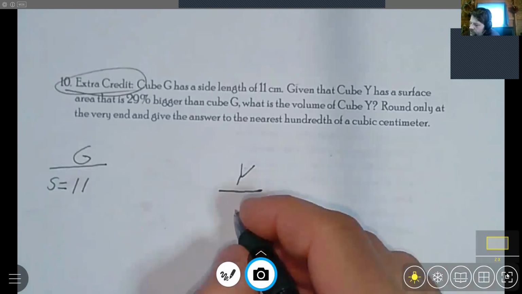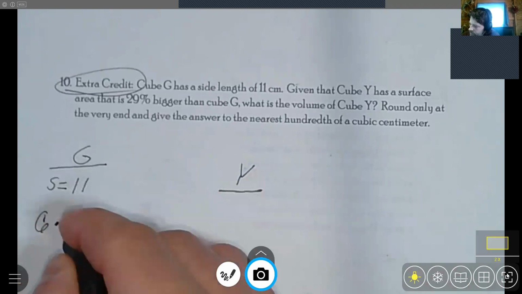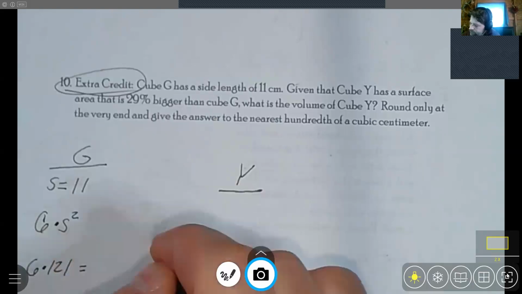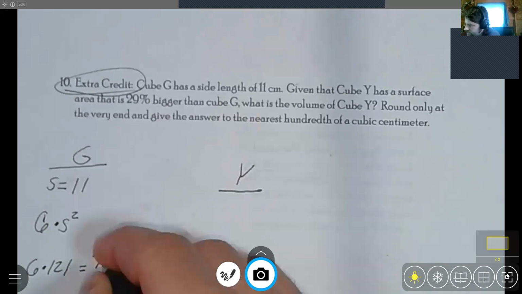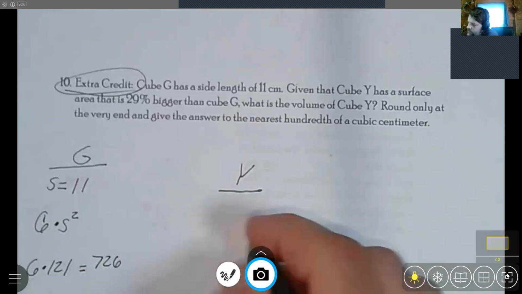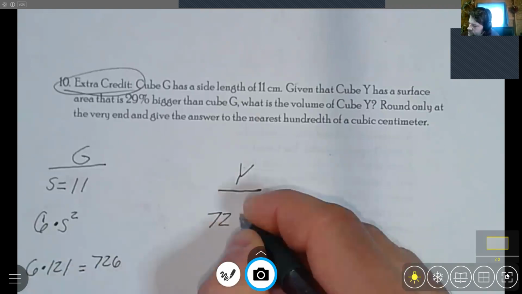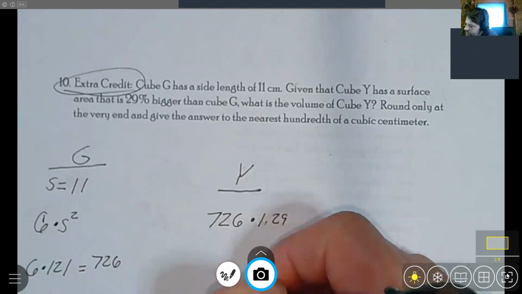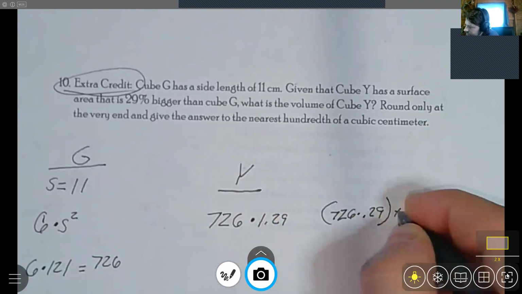So I can figure out the surface area here by doing the formula 6s squared. So 6 times 121, that's 11 squared, is 726. And then to find this surface area that's 29% bigger, I take 726 and I multiply it by 1.29, which is the same thing as if I did 726 times 0.29 and then add it to 726.